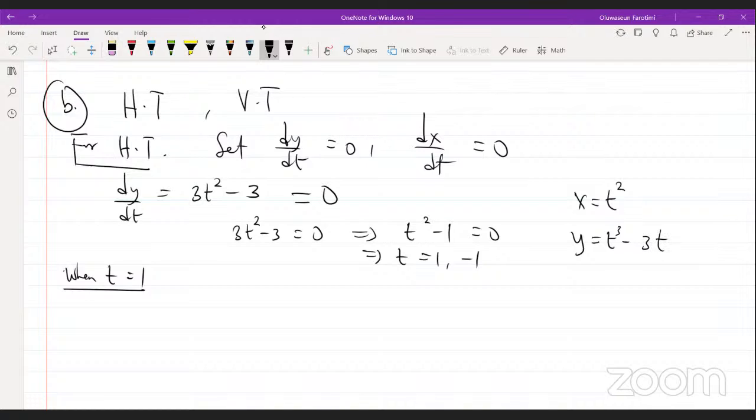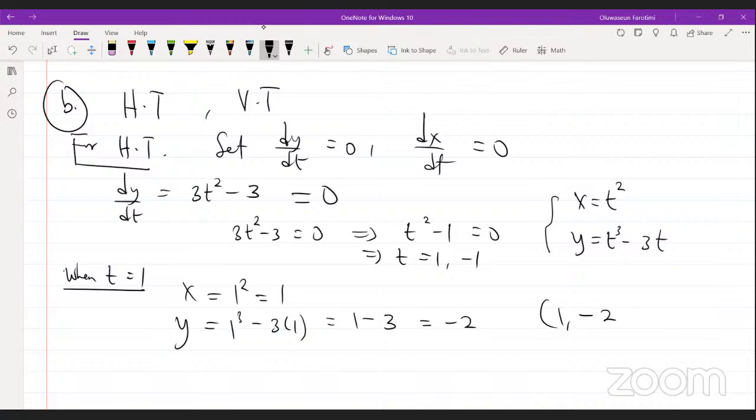When t is 1, you plug it back into these. x is going to be 1 squared, which is 1. y is going to be 1 cubed minus 3 times 1, 1 minus 3, and this is negative 2. So what's the pair here, guys? 1 comma negative 2.